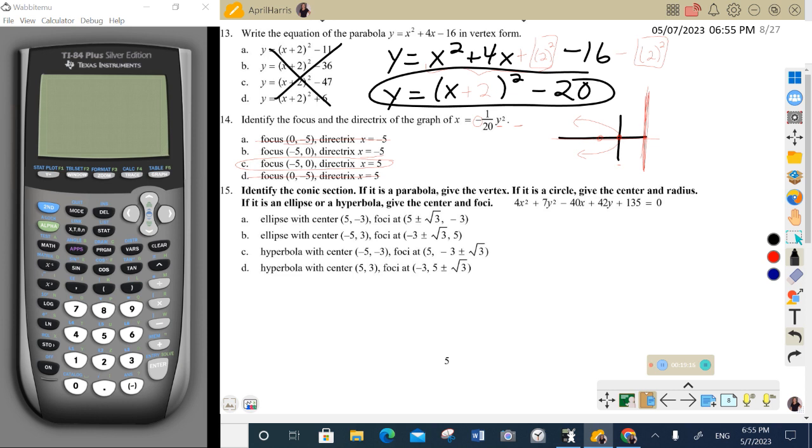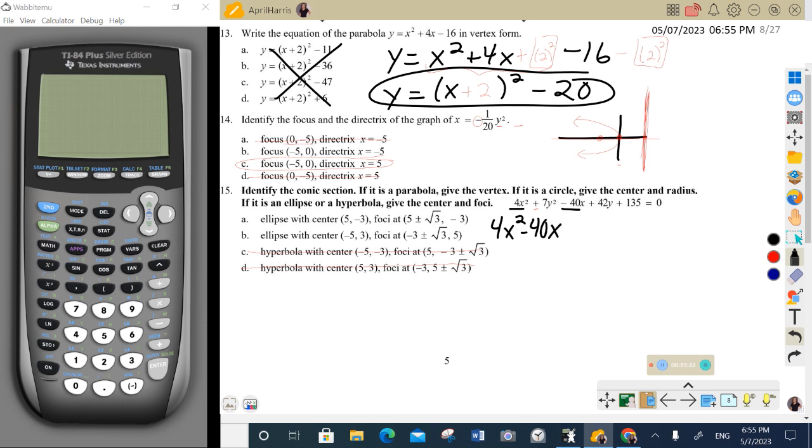Number 15 is fun. We got an x squared and a y squared. You're adding them, so it's not a hyperbola. So just by identifying the shape, you got a 50-50 shot. So we're going to have to complete the square twice. So here we go. I'm going to group my x's, group my y's, move my number to the other side.